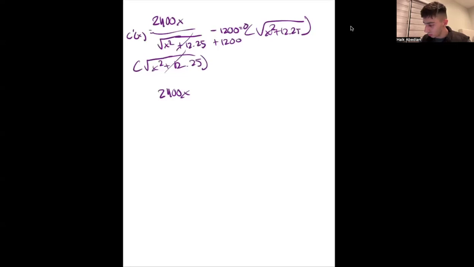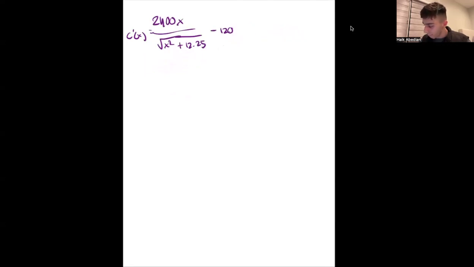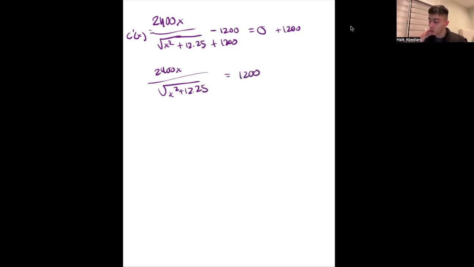We're going to make this function equal to 0. So let's start with the 1,200. Then we have 2,400x divided by the square root of x squared plus 12.25 equals 1,200.